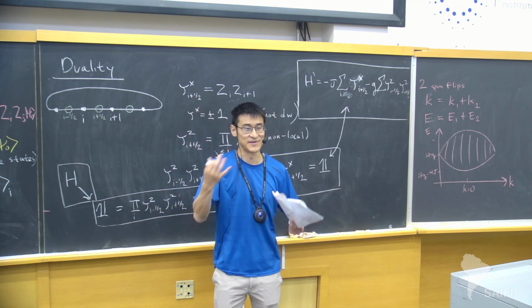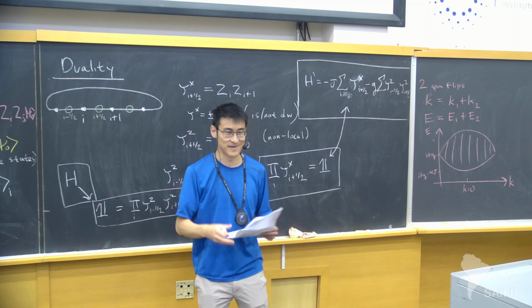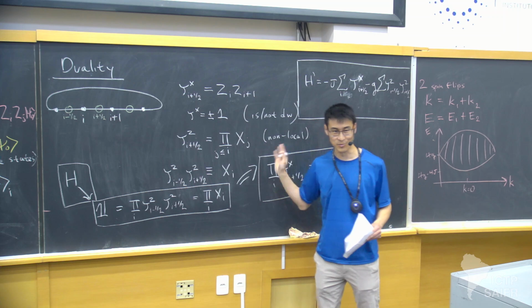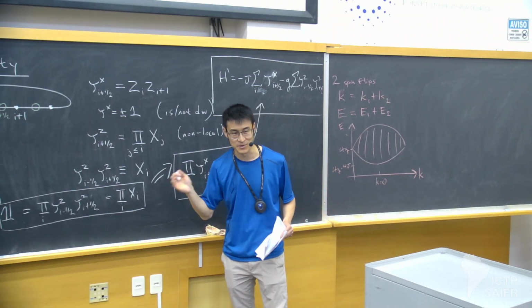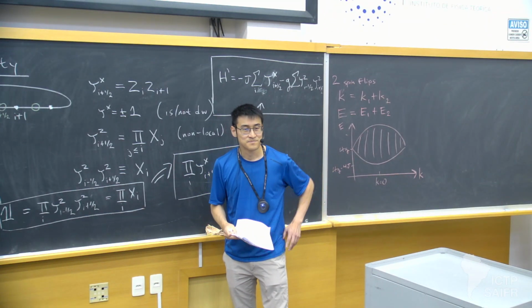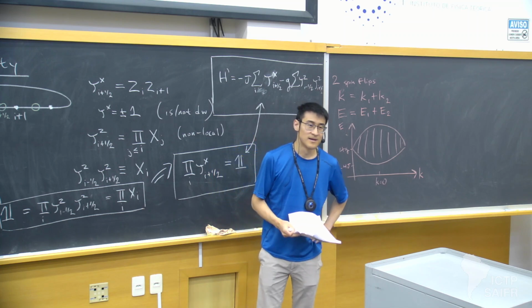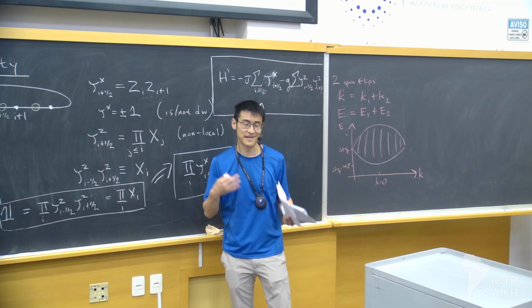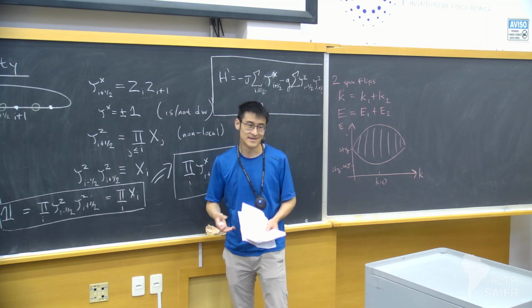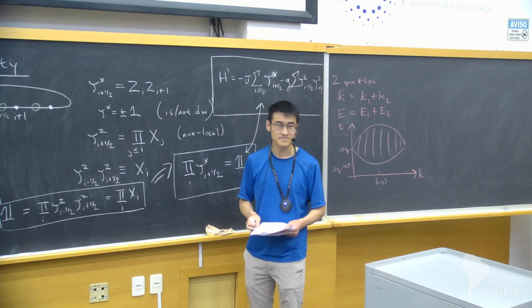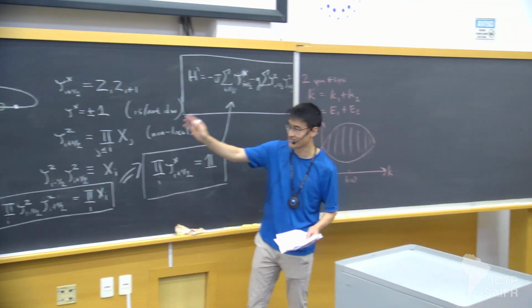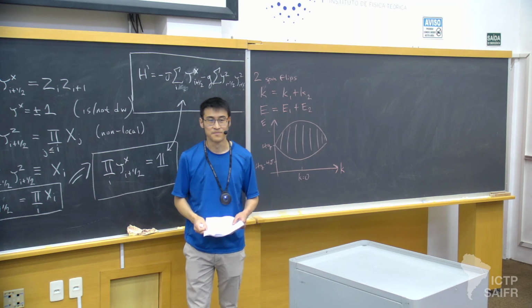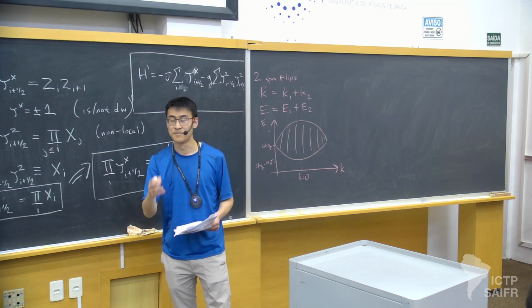It's just a different description of the system. You can think of it as a virtual qubit, just a different way of writing the Hilbert space, writing the Hamiltonian. It's just a change of variables. You don't have to think of it as a physical thing. This is just to facilitate our analysis of the original Hamiltonian.